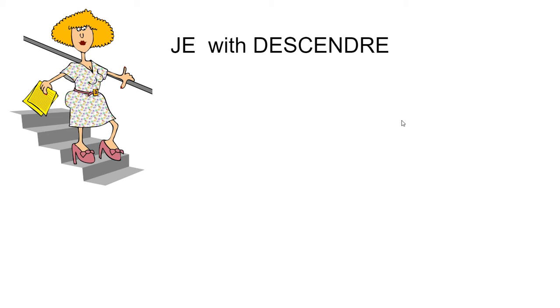All right, conjugate je with descendre. Pause the video. The answer is je suis descendu. All right, subject, present of être conjugated with the subject. It's an RE verb, so we form the past participle by dropping the RE, replacing it with U. And if you are a boy, you are done.